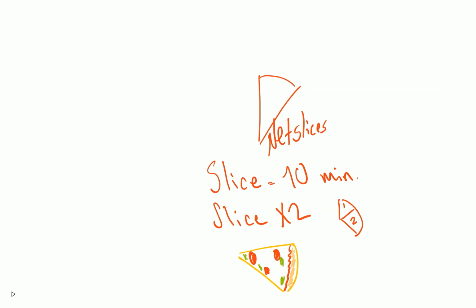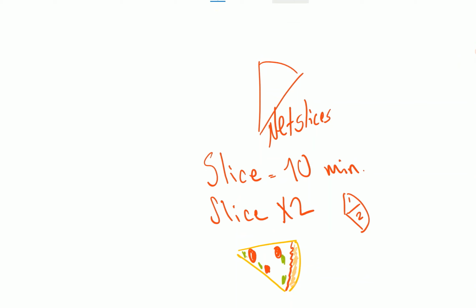Let's just explain what it is. NetSlices, it's about time slices, and those time slices are supposed to be within a range of 10 minutes. So this video exceeded a little beyond the 2 slices. We are running around probably minute 20 plus or something like that. So I'll try to keep my videos simple, 1 slice or 2 slices, from now on.